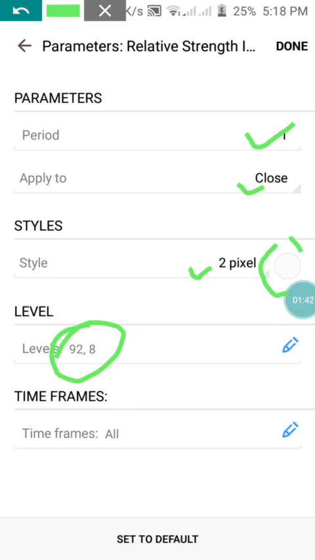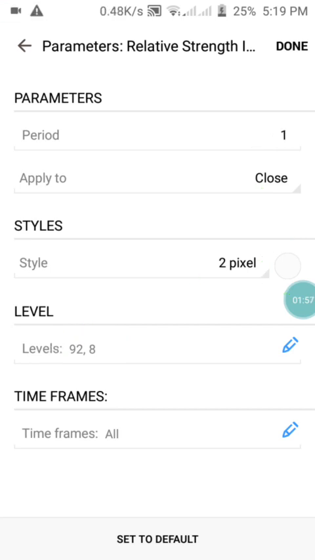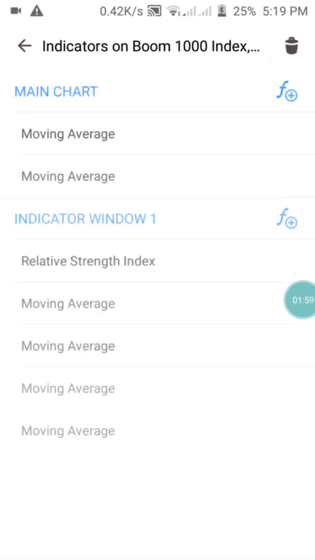If you are using a black background, make sure you put this particular color in black so that it will not affect your strategy. Also we have these two different levels, which are the 92 and the 8 level. These are two very important levels you need to note. Then you can press on done.